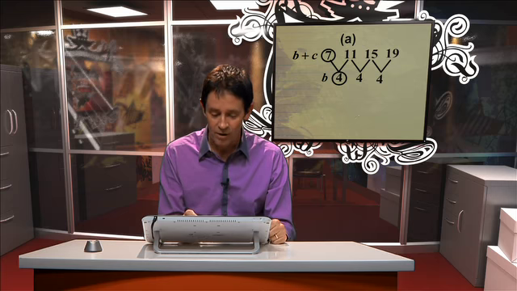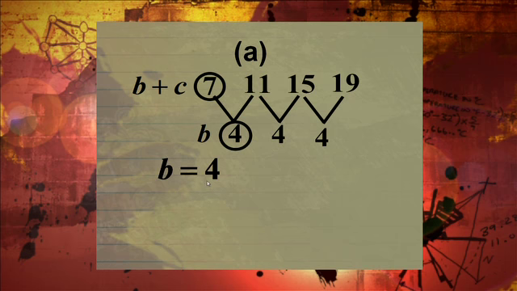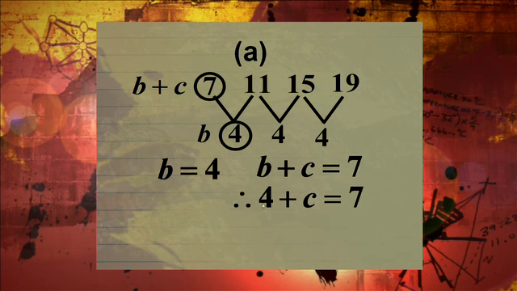All right, now what do we know? b is equal to 4, which is pretty cool from there. It's linear, and b plus c is 7. Great. 7, 11, 15, 19, and you've got your 4s. Now, what do you know about b? b is 4, so we can change the b to 4. 4 plus what is 7?